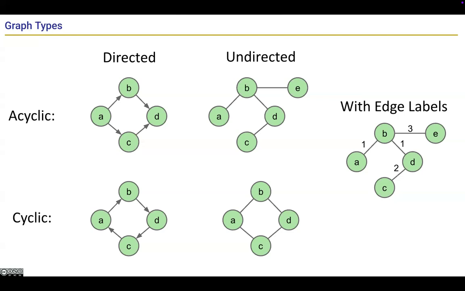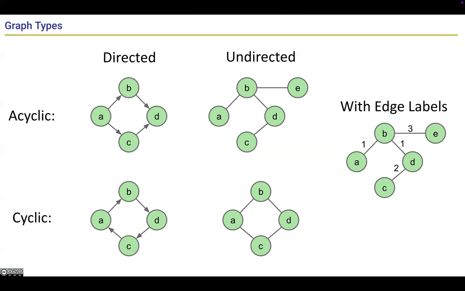And then we can have cyclic or acyclic graphs. A cyclic graph is one where I can get from A to A. I can go around in a circle. Either one of these is cyclic. This is acyclic because if I go out of A, can I get back? No. I can only go from A to C, from C to D. I can't go anywhere from D. There's no cycle in it that I can travel.